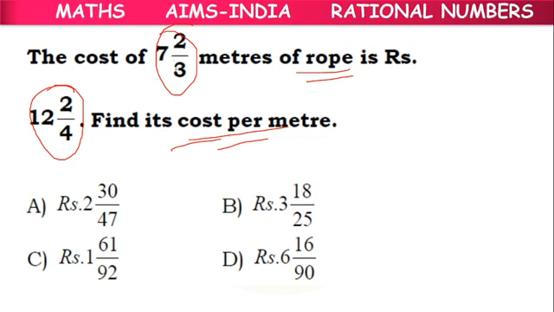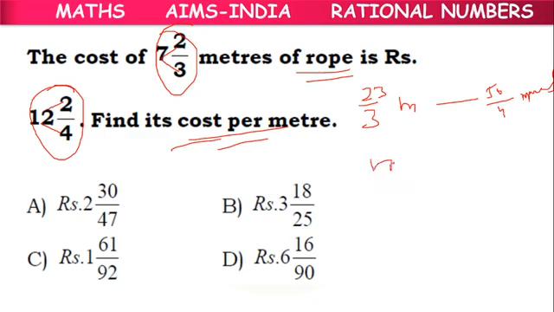So first let's turn them into improper fractions. 3 7s are 21 plus 2, 23. Means 23/3 meters of cloth costs this much amount. 4 12s are 48 plus 2, 50. Means 50/4 rupees.